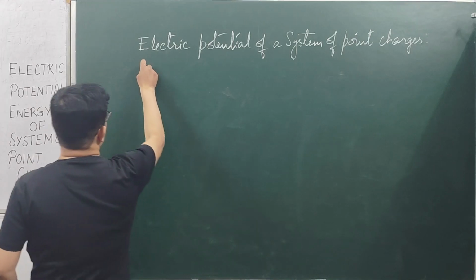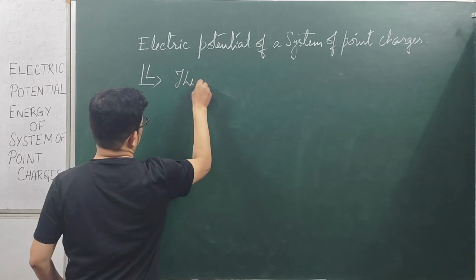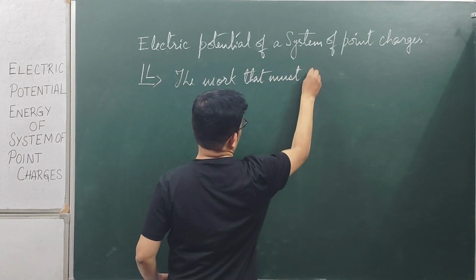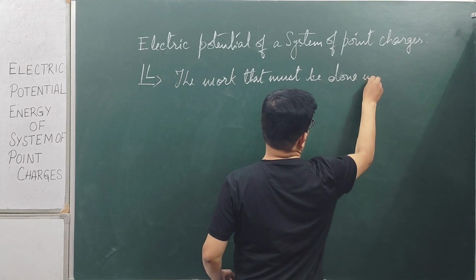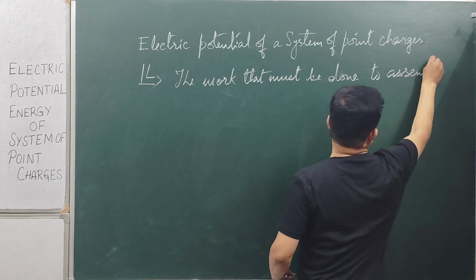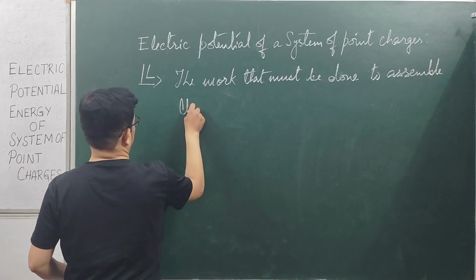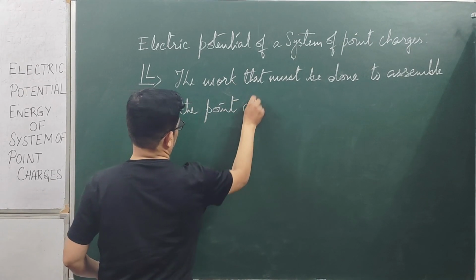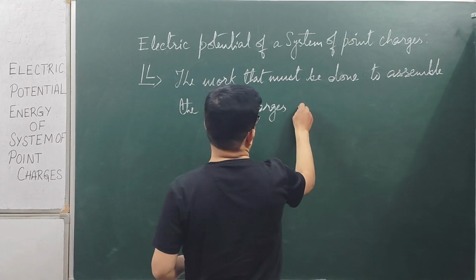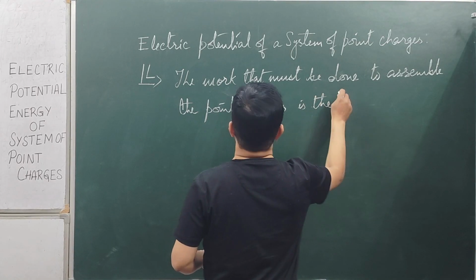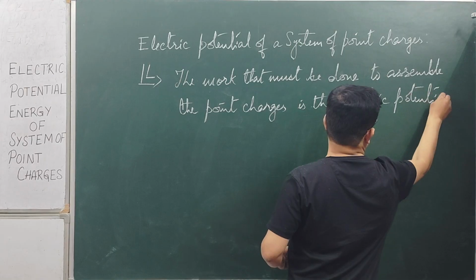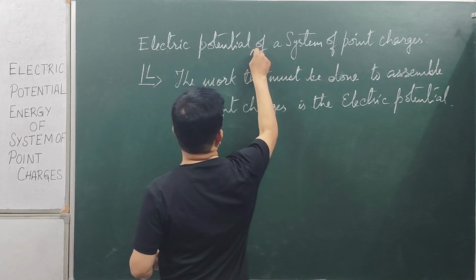So what can we write as a definition? We can write the work that must be done to assemble the point charges is the electric potential energy of the system.